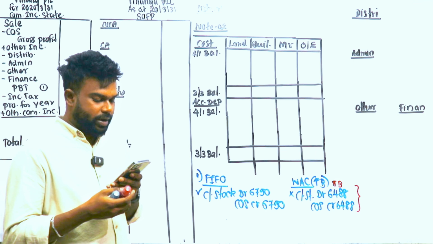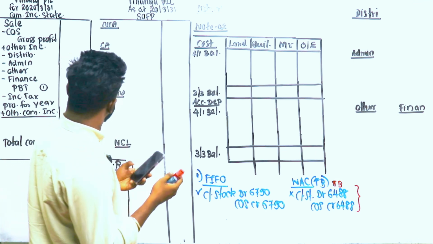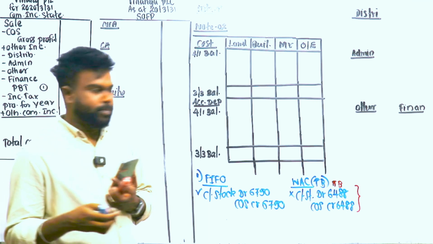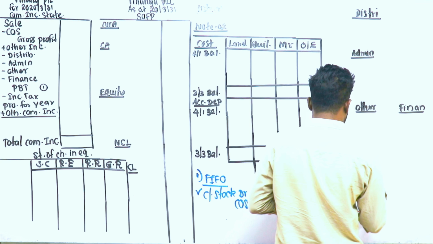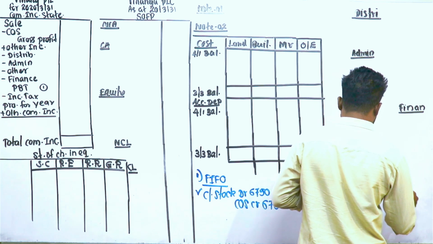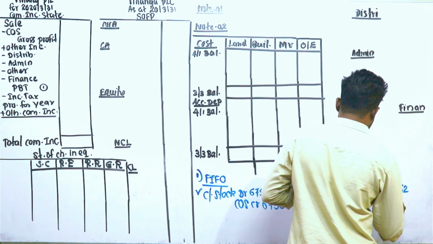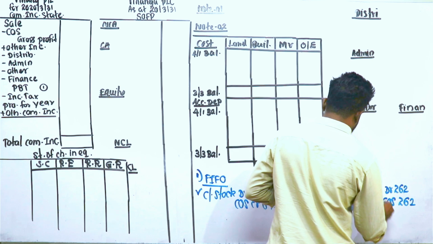Is it 262? Yes, 262. The correct double entry: closing stock debit 262, cost of sales credit 262, deducted from cost of sales.